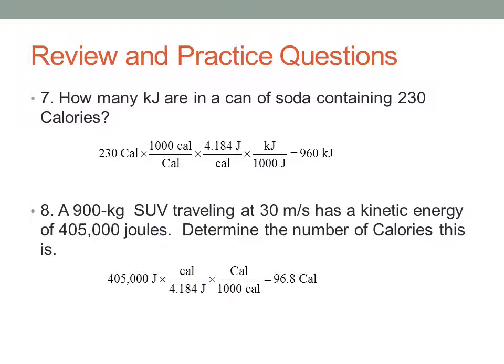That would be a huge amount of energy. Relating that to how much energy we consume, it's very, very small. We can see again this is a very small snack worth of calories. So the amount of energy our body uses in a day is absolutely astounding, I think, when you compare it to energies associated with motion, which we're talking about here with this SUV going down the road.